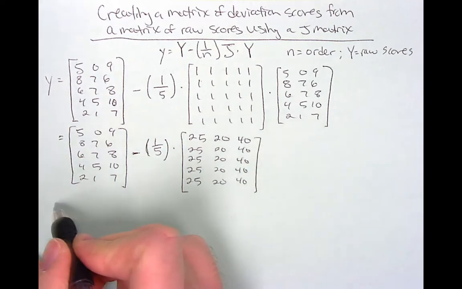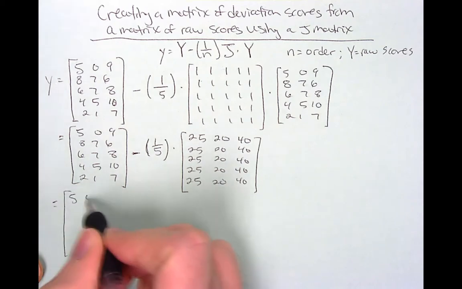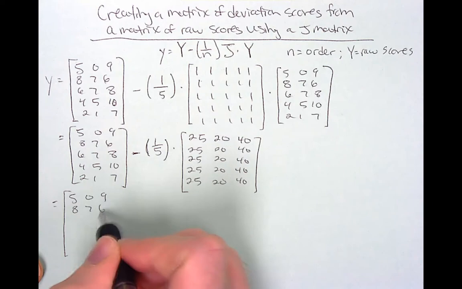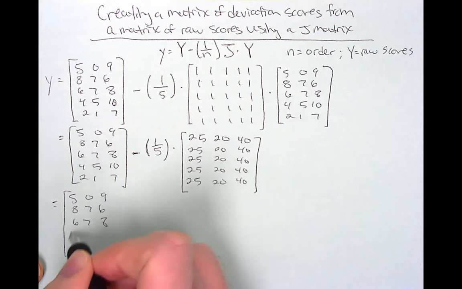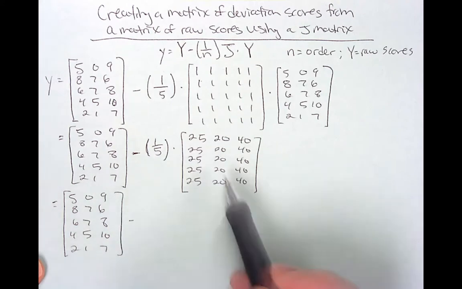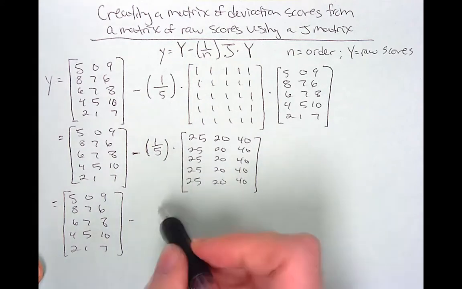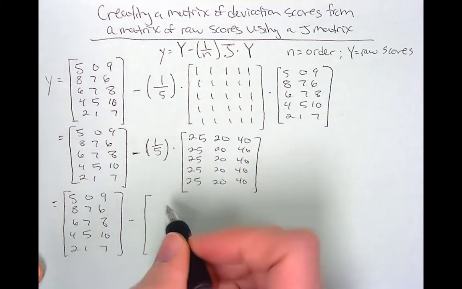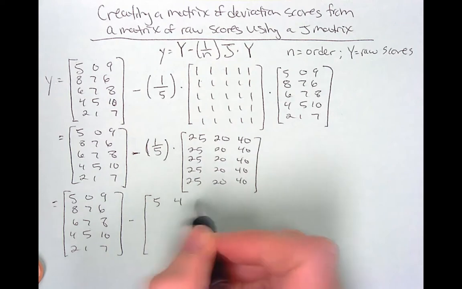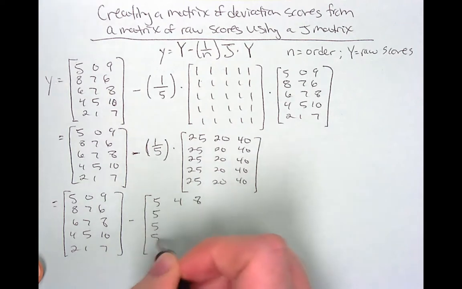We can reduce even more. And luckily these column sums nicely divide by 5 here. So what we'll get is 5s, 4s, and 8s down the column.